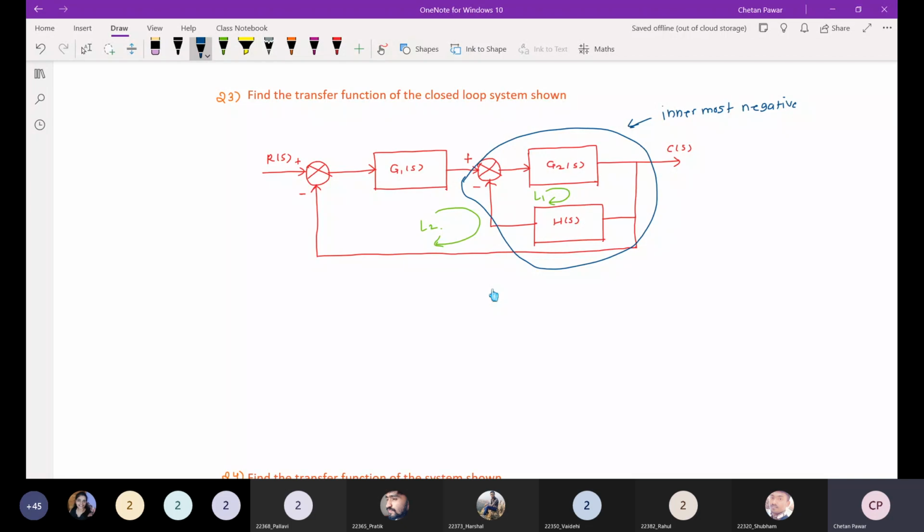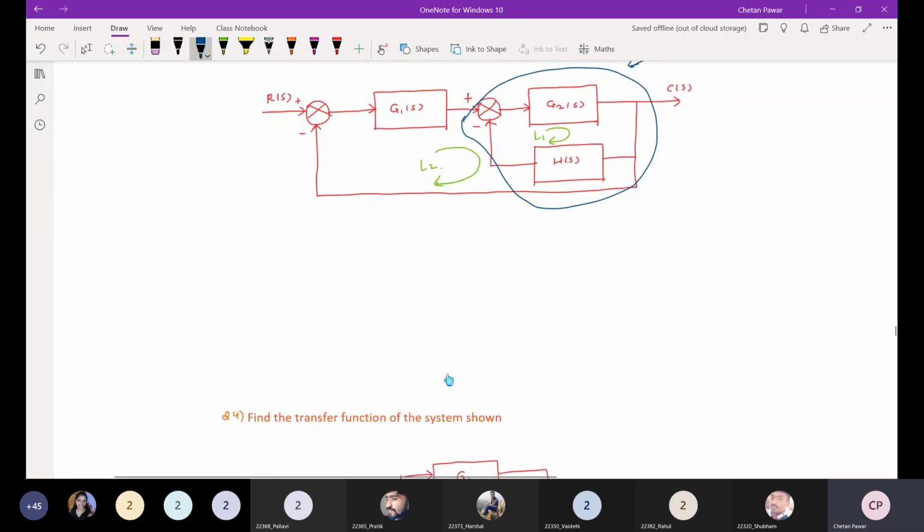And what is the forward path gain of that particular loop? G2 of S. And what is the loop gain? G2 of S upon 1 plus G2 of S into H of S. No, loop gain. I'm not asking about the transfer function. If you see this, this is the E of S, right?